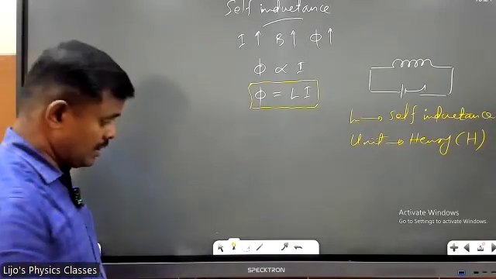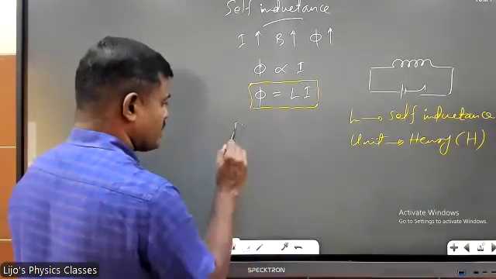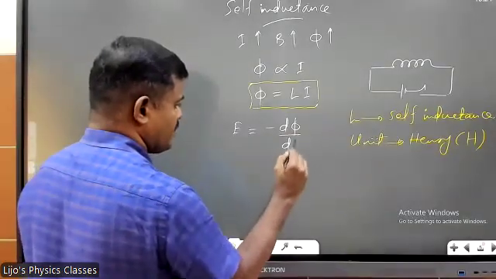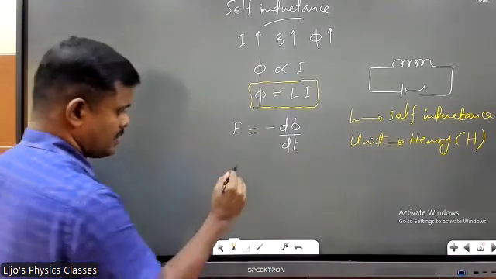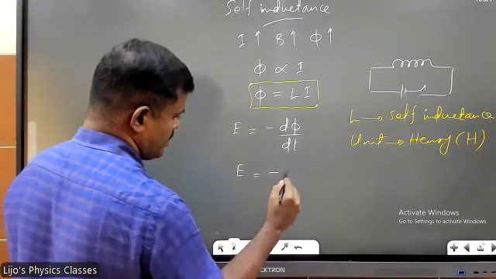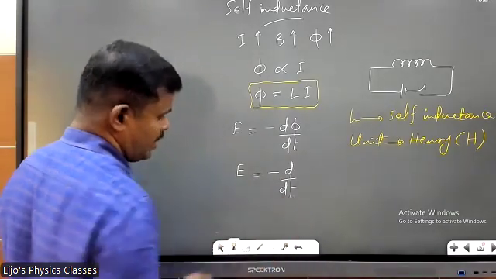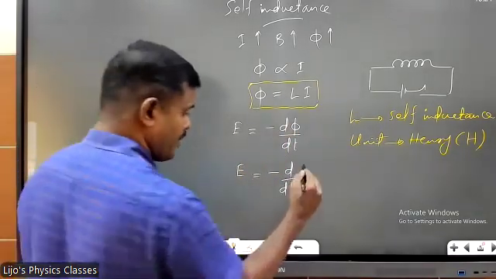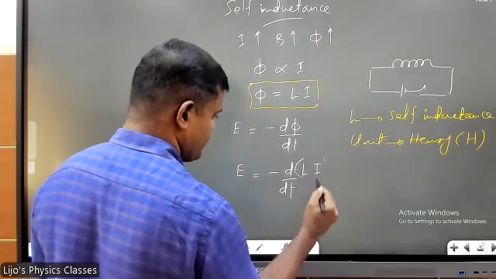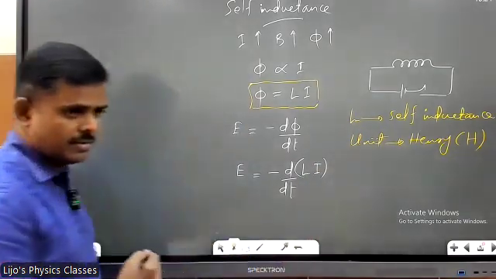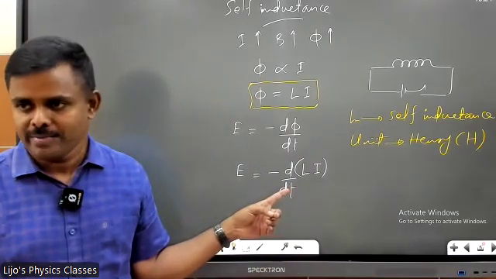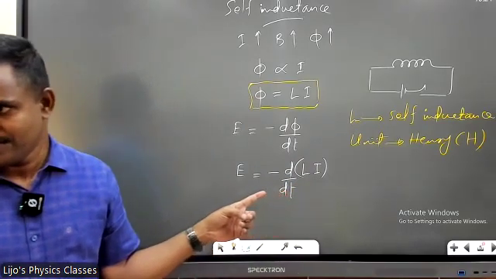Okay, so now you have the second equation. We will write the equation for EMF: minus d phi by dt. What are you going to substitute? Minus d by dt of phi. Phi can be substituted with L I. Phi is equal to L into I. Clear?